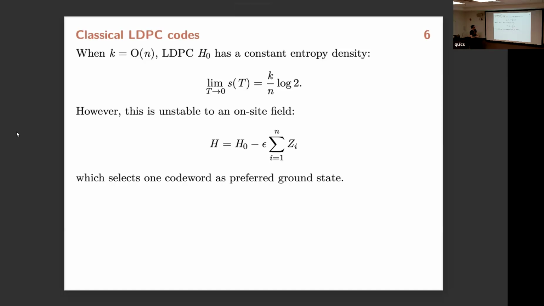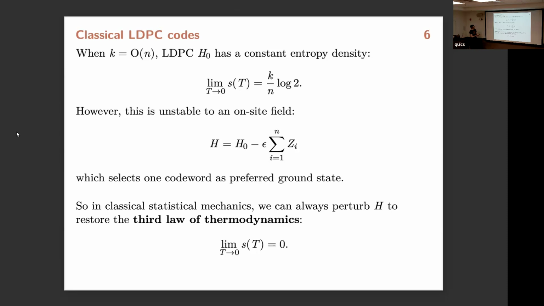Of course, that conclusion is unstable to the same kinds of perturbations that we saw destabilize the Ising phase. I can again pick out a specific code word, in this case the all 0 code word, as the genuine ground state via this perturbation, and this will immediately restore a 0 entropy density.